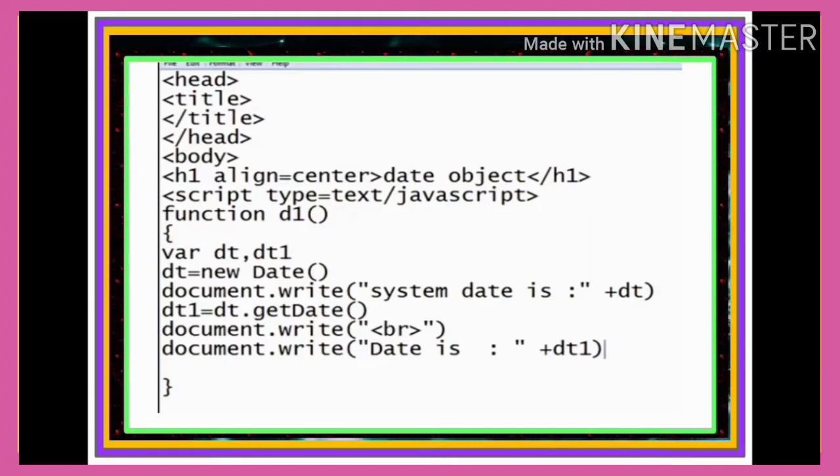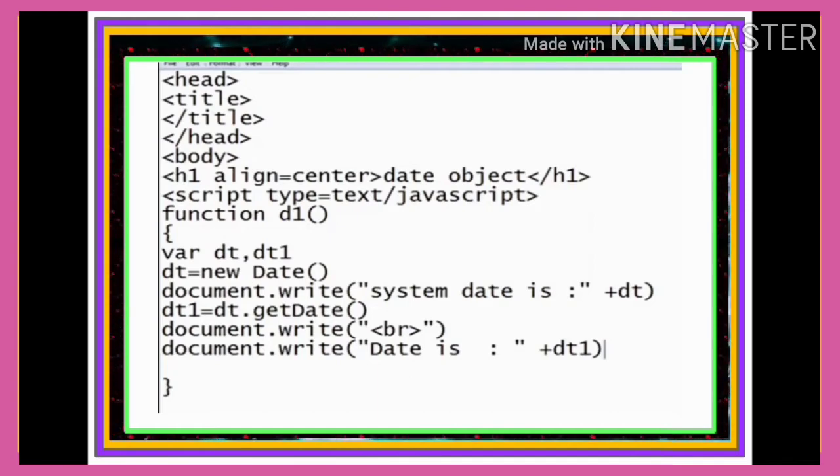So here we want to display two values dt and dt1. First dt to display the date and dt1 to display day of the month of the date which exists in dt object.